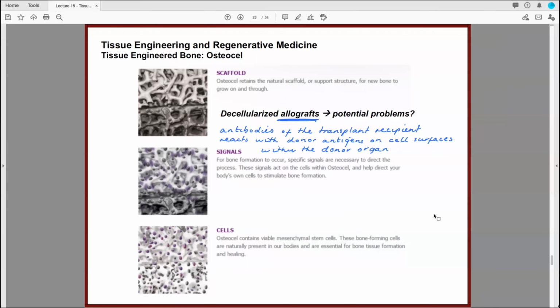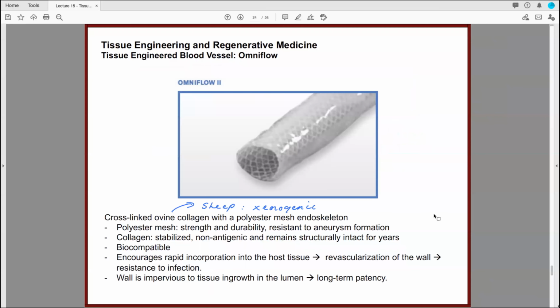Another different way of looking at these things is tissue engineered blood vessels and using things such as Omniflow. So this is cross-linked ovine collagen with a polymer mesh endoskeleton. So ovine is sheep, so this is a xenogenic transplant. The polymer mesh adds strength and durability, and it's resistant to aneurysm formation.